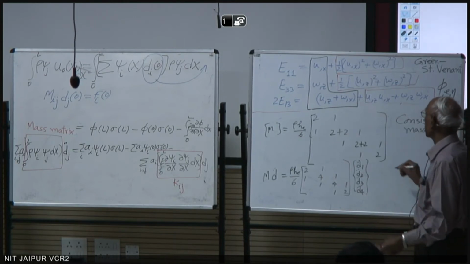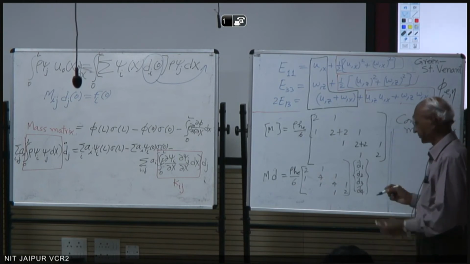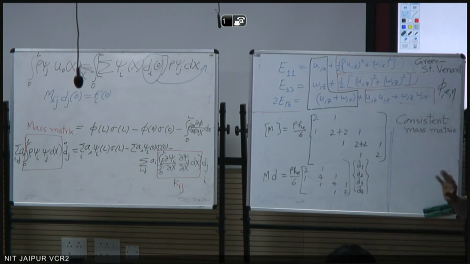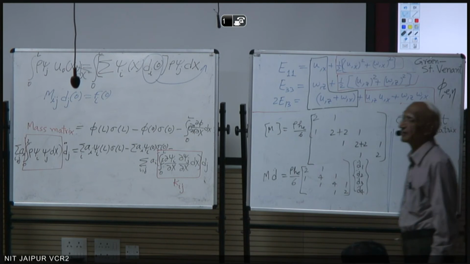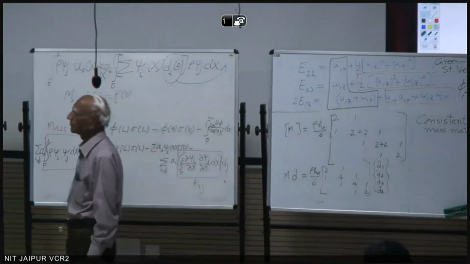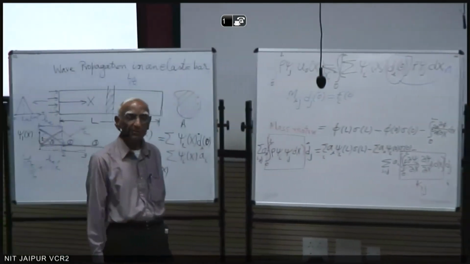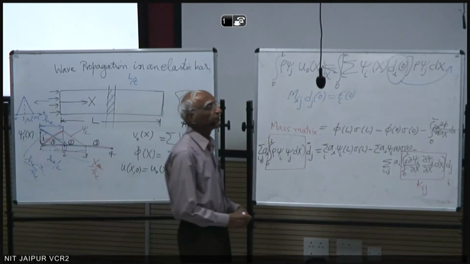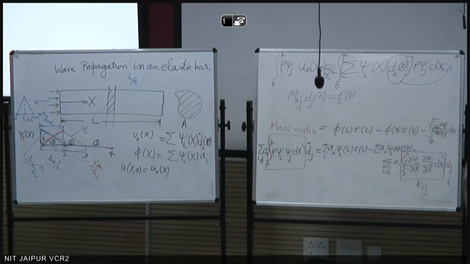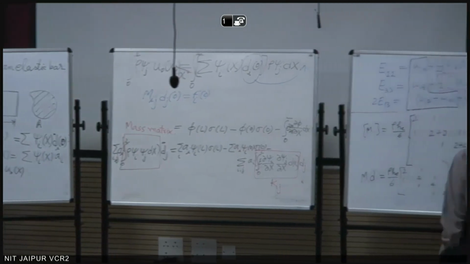Now, when we write the integration scheme, we would like to uncouple the acceleration of node 1 from the acceleration of node 2. So if we want to do that, we use lumped mass matrix.